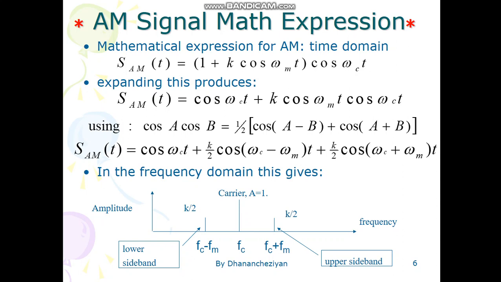If you keep increasing the amplitude of the upper and lower sidebands, that becomes close to the ideal modulation case. This representation gives us the frequency domain representation of your AM signal.